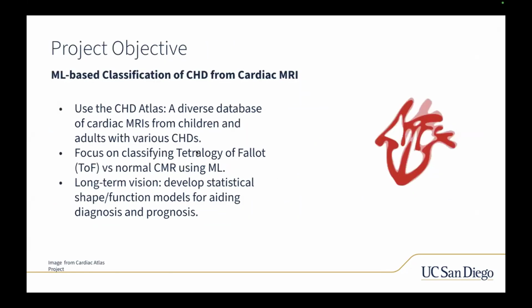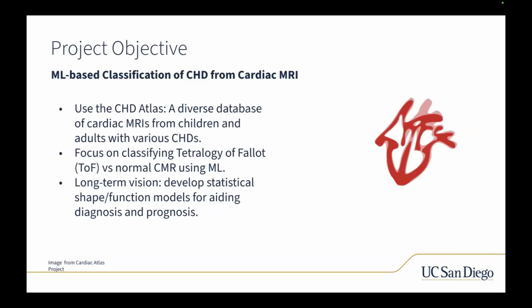We want to create a machine learning based classification of congenital heart disease from cardiac MRIs. We use a database called Cardiac Atlas, which is a UCSD based database. All the data that we're getting for this is pretty fresh and new, but it also wasn't supposed to be for image analysis. So we're going to talk about a couple of problems we ran into because of that.